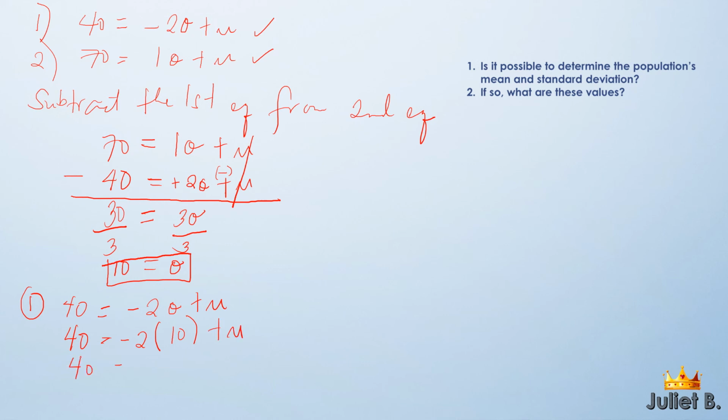So 40 is equal to negative 20 plus mean. Isolating the mean, we'll have 40 plus 20 is equal to the mean. And 40 plus 20 is 60. 60 is equal to the mean.